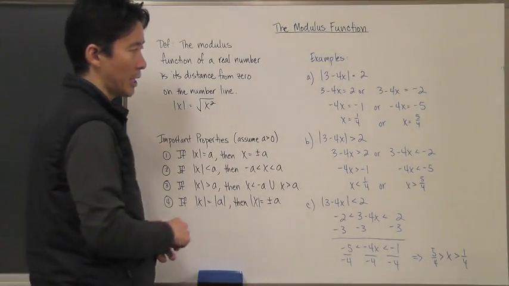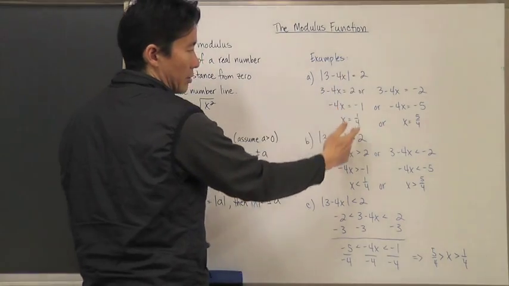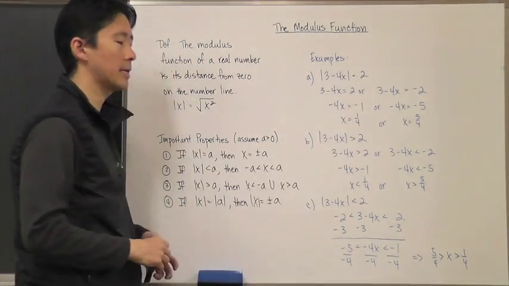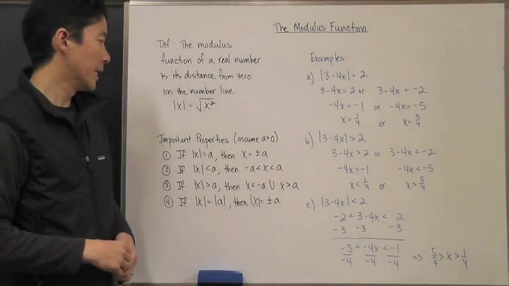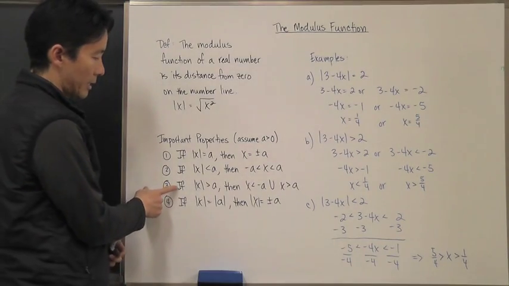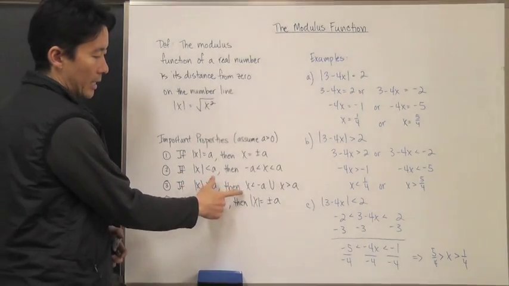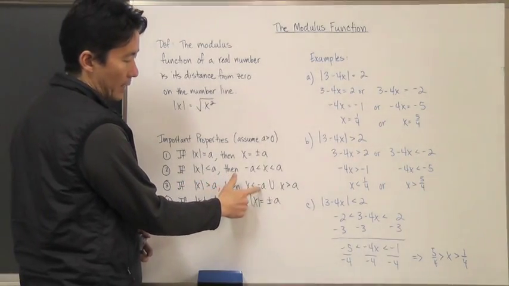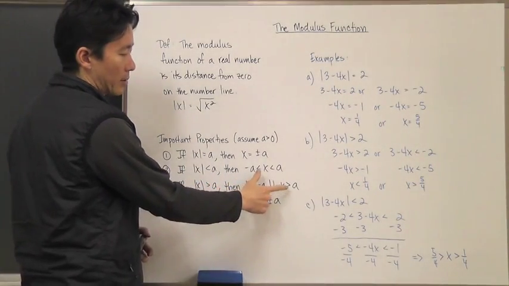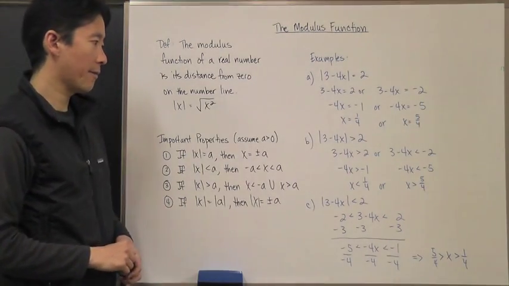Now if I change this from an equality to an inequality, let's say greater than 2, then I need to use this property. It says if the absolute value of x is greater than a, then x is less than negative a, or x is greater than a itself.